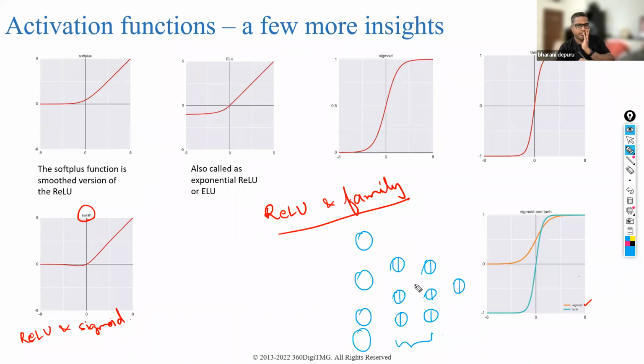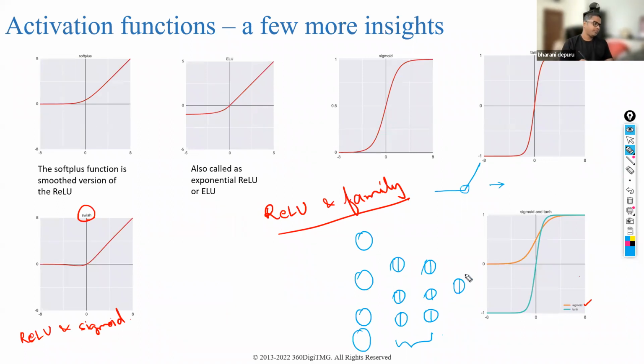But then the disadvantage with ReLU and family is that whenever you have a sharp kink, it doesn't work well. That is when people prefer sigmoid or tanh activation functions. Okay, this is one thing that you need to remember.